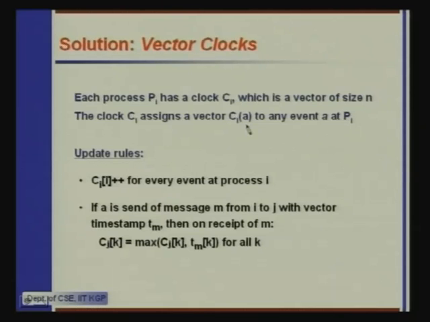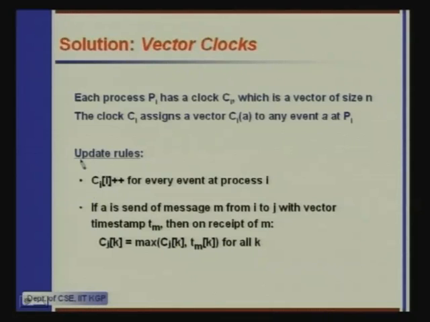This vector is the local estimate of the clock values of the other processes, including my process. So, if there are n processes, I will keep a vector of n dimensions, where Ci[j] will be my estimate of the clock value of the process j.